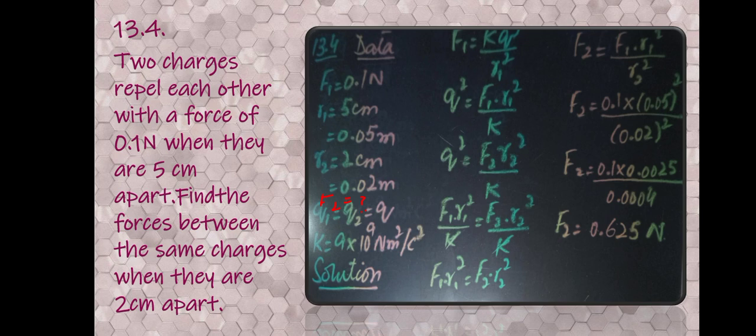We are left with only F1 R1 square and F2 R2 square. Rearrange it for F2 because we have to find F2 and solve it. You will get the answer 0.625 newtons, as Newton is the unit of force. Don't forget to write units with the answer.